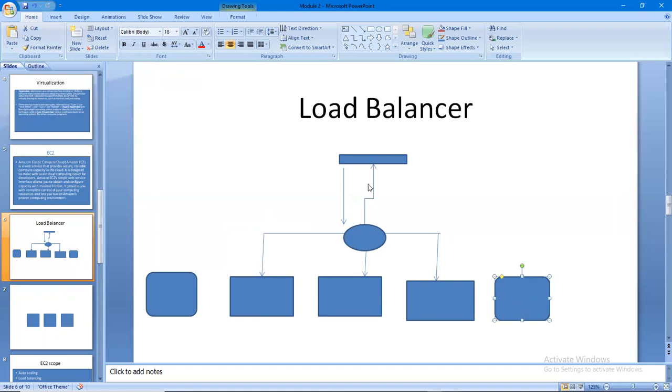Immediately the servers reach that threshold, they communicate with CloudWatch. CloudWatch will automatically trigger this, and then the load balancer will automatically extend and connect to the new instances.